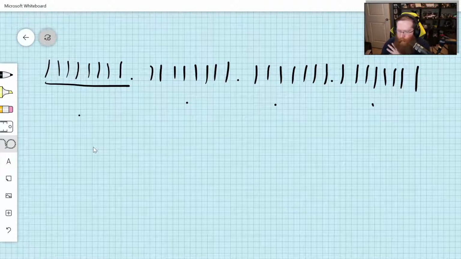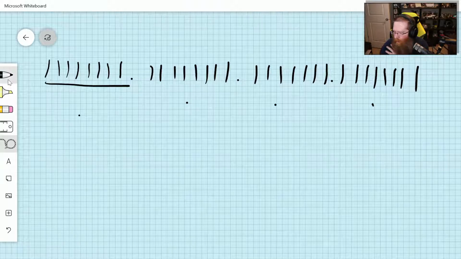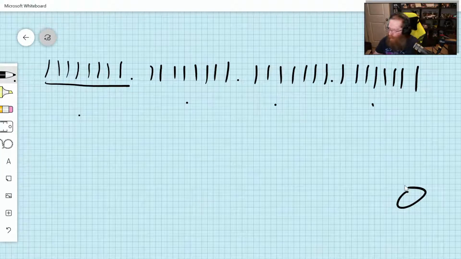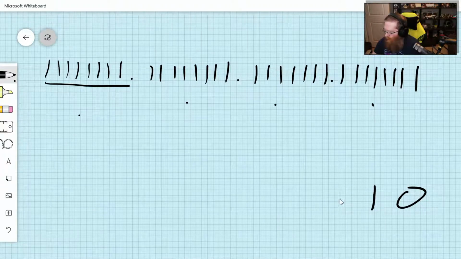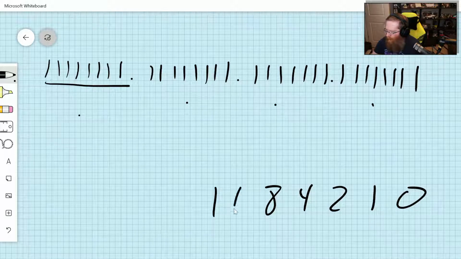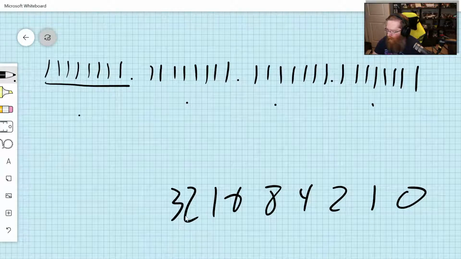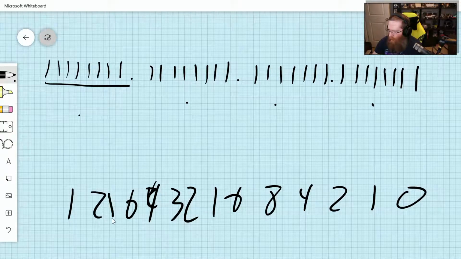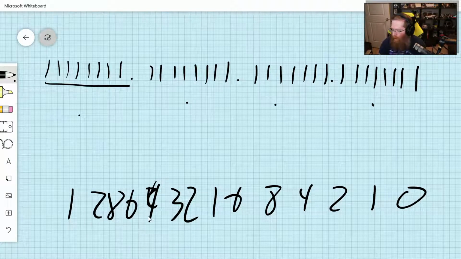The numbering for each of these goes exactly the same no matter which one we're in. If we wanted to figure out what this number is, starting from 1, 2, 4, 8, 16, 32, 64, 128. So 1, 2, 3, 4, 5, 6, 7, 8.